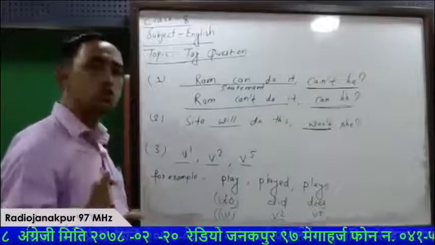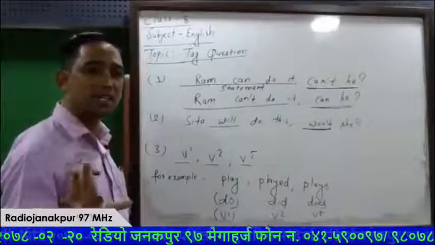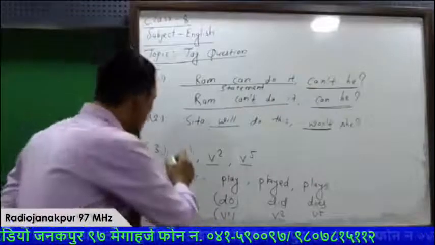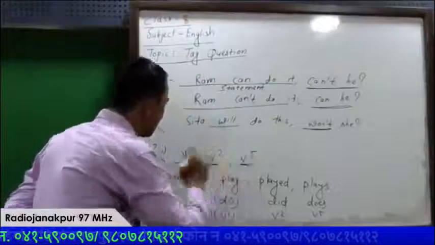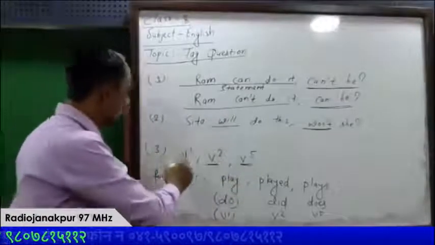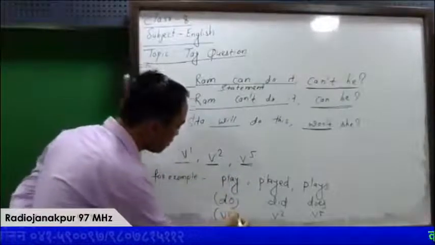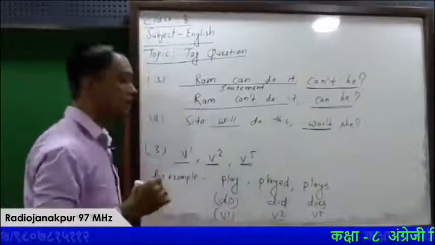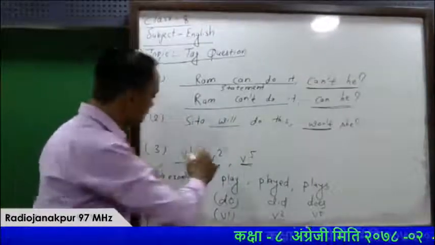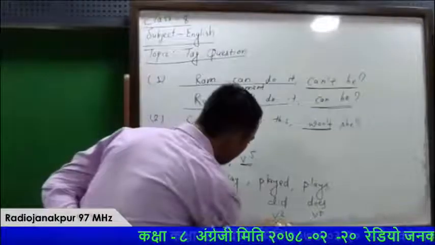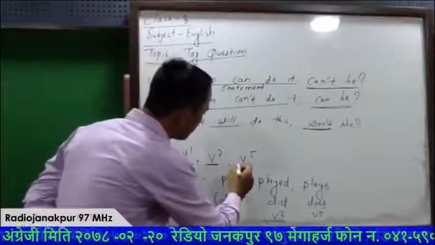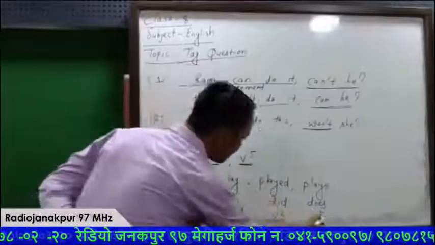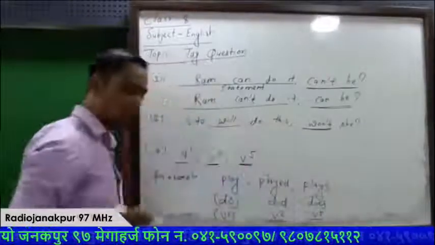If there is no auxiliary verb in the sentence, then there should be either V1 or V2 or V5. If there is V1, we have to take help of do verb in the tag question. If there is V2, we have to take help of did in the tag question, and if there is V5, we have to take help of does in the tag question.